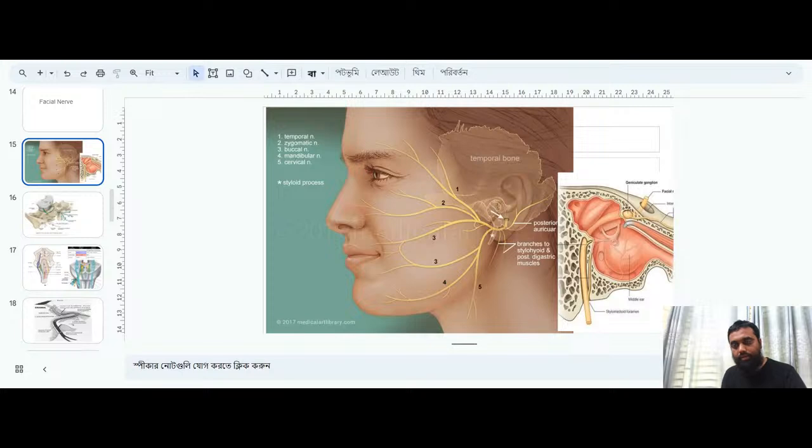Are you absent here? 19, 20? Are you absent here? I'm asking you. You are not responding. Here, your roll is 19. Tasnim: facial palsy with wrinkle, upper motor neuron. Okay. It is roll number 20.